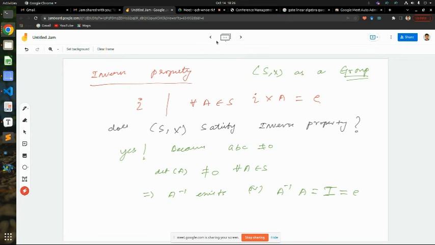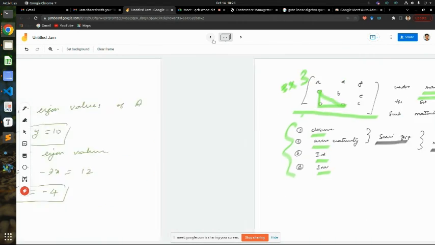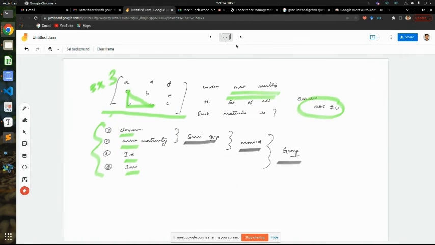So let me recall what I have done. Basically we are given the set of all upper triangular matrices of the form A B C D E F as shown here. Now further we are given a condition that the product of the elements along the leading diagonal is not equal to 0. Right?